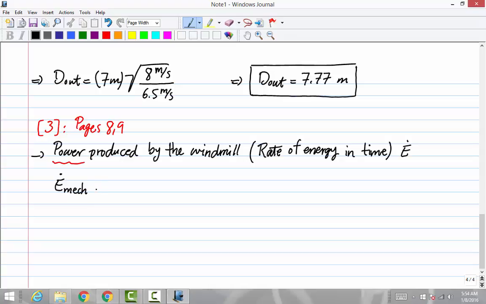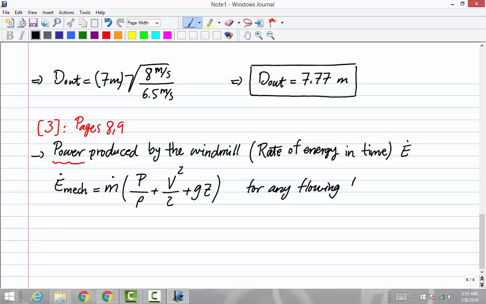We have E dot equals M dot, the mass flow rate, times P divided by density plus V squared divided by 2 plus GZ, for any flowing fluid.